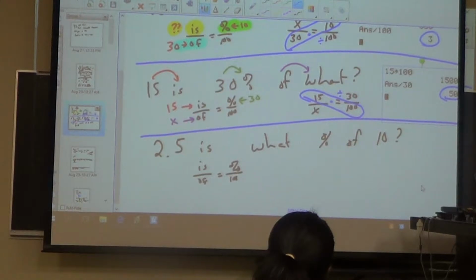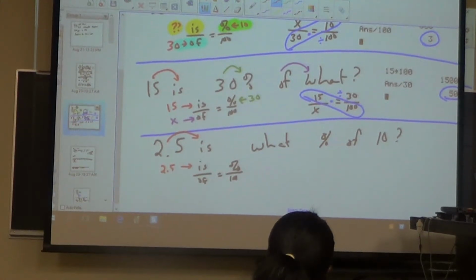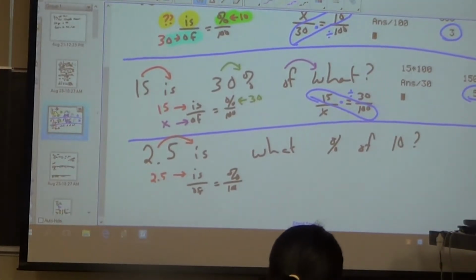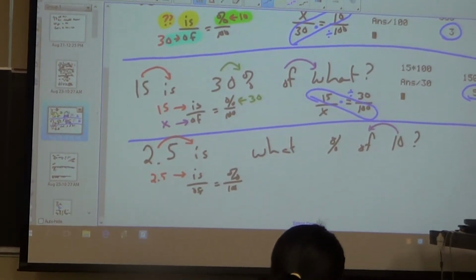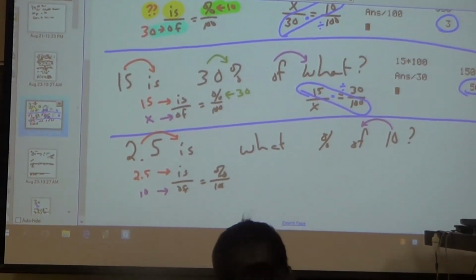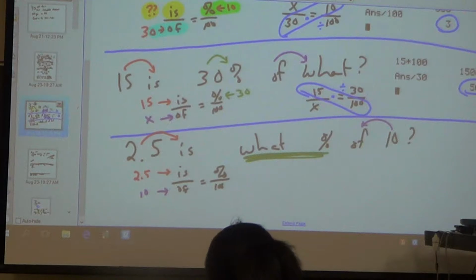Where does the 2.5 go? 2.5 is, we only have one number left. What is it next to? Of 10. So the only words that are left, what percent?